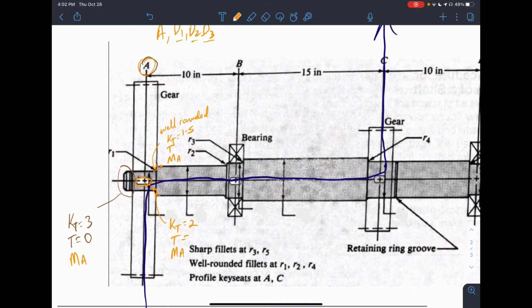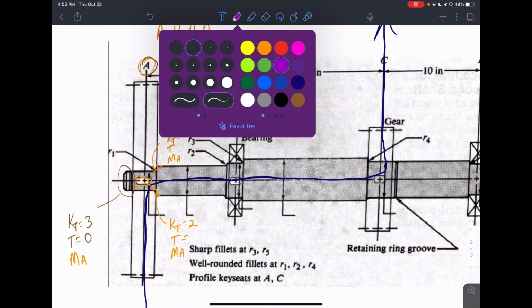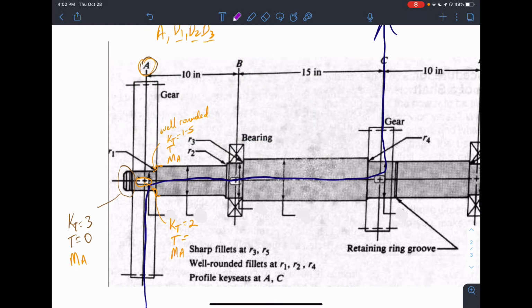The next step we come across here now would be point B, or region B. Again, we have a step up in the shaft. This step up here will be a well-rounded fillet, so the Kt will be 1.5.